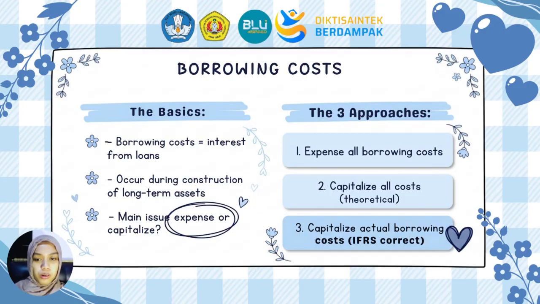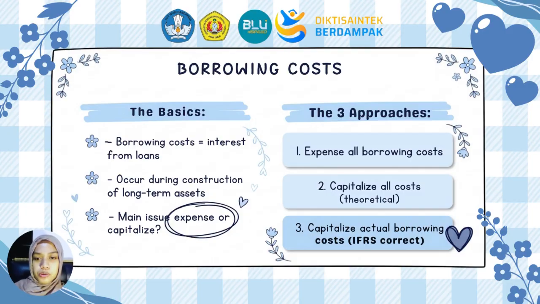First, what are borrowing costs? Borrowing costs are simply the interest you pay on loans. When does this become an accounting problem? Borrowing costs occur during the construction of long-term assets, like when you are building a new factory, a large machine, or a ship. And why is this important? Because during construction, the asset is not yet generating revenue.